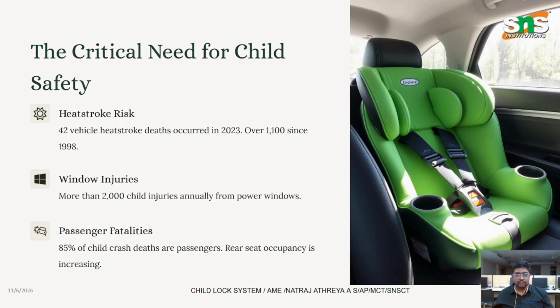Next is window-related injuries. More than 2000 children annually get injured or even fatally injured because of power windows. Power windows are the advancement of manual windows, where you crank the part so that the window rises.